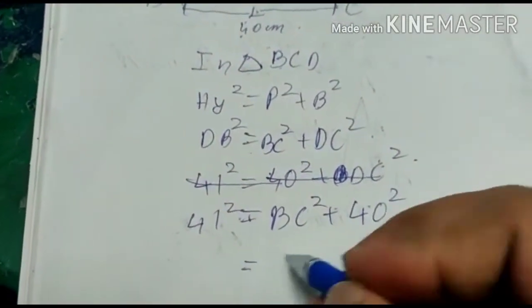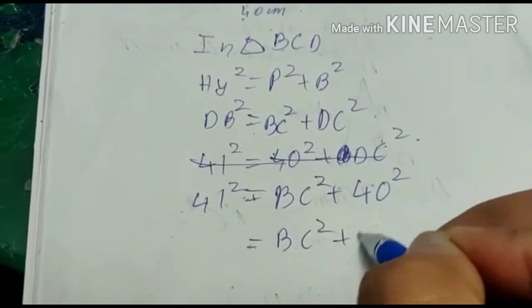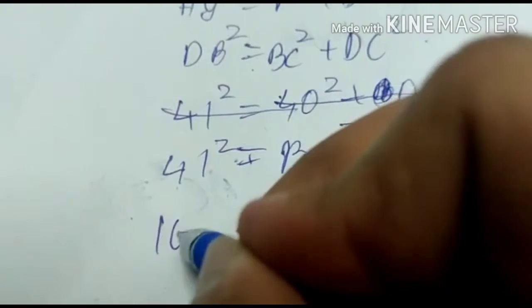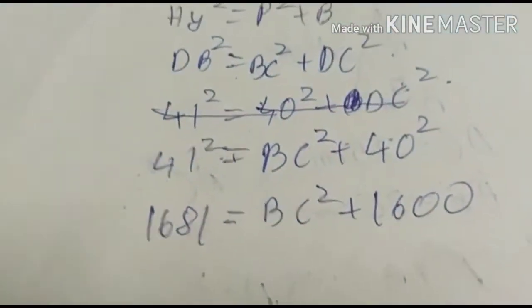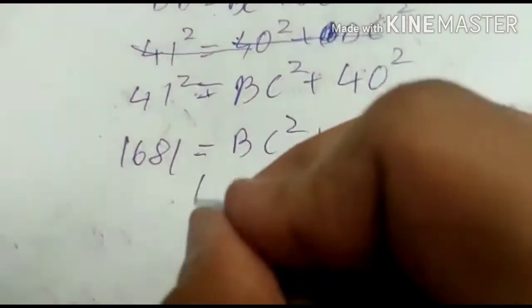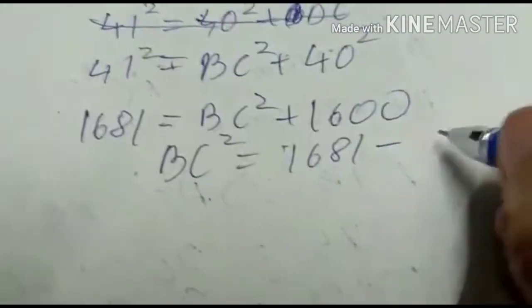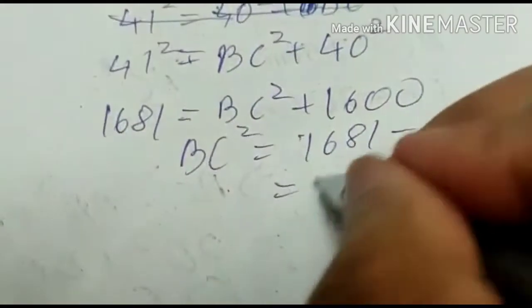So this is BC square plus 1600, and 41 square is 1681. So BC square equals 1681 minus 1600. This is 81.